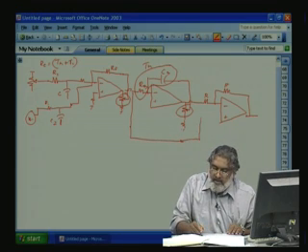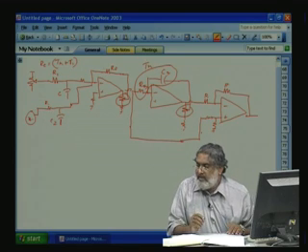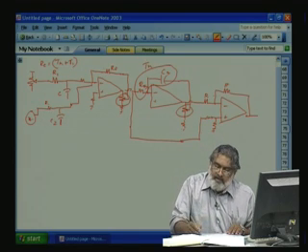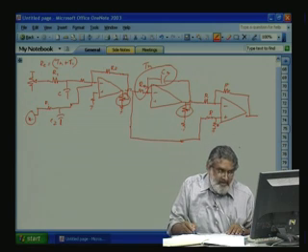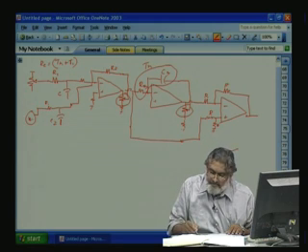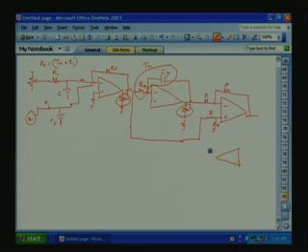Then you have the limiting amplifier, output limiting. Here also we will use two operational amplifiers in open loop gain.